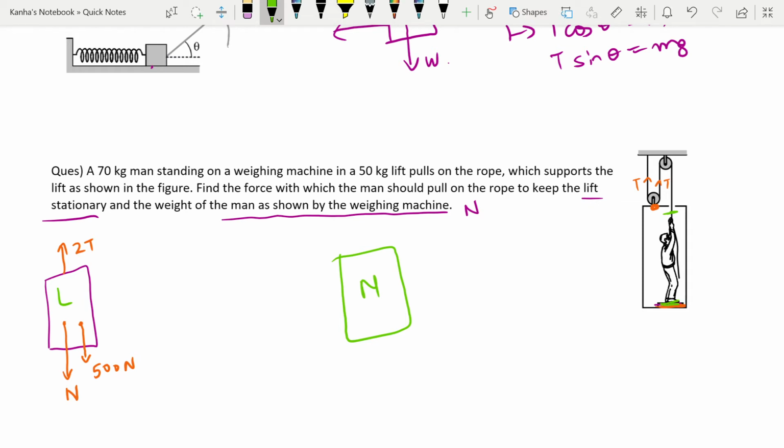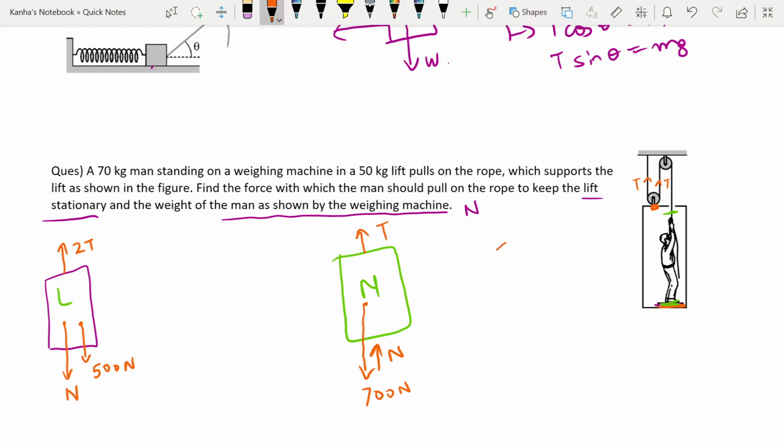Due to the floor there is a contact force, which I'll call N. This is the tension on it, the second contact force, and due to its weight it has a 700 Newton gravitational force.